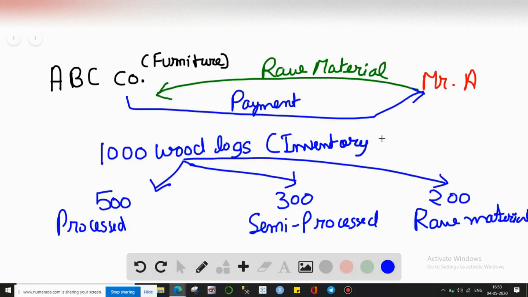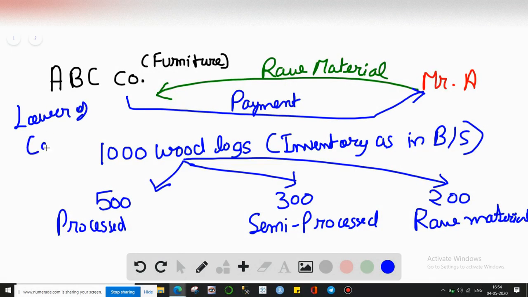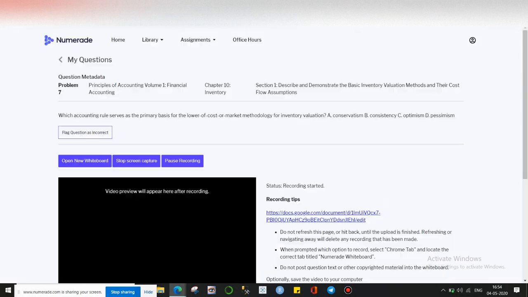Inventory in balance sheet. Now what the conservatism concept says is that such inventory will be shown in the balance sheet at the lower of cost or market value.